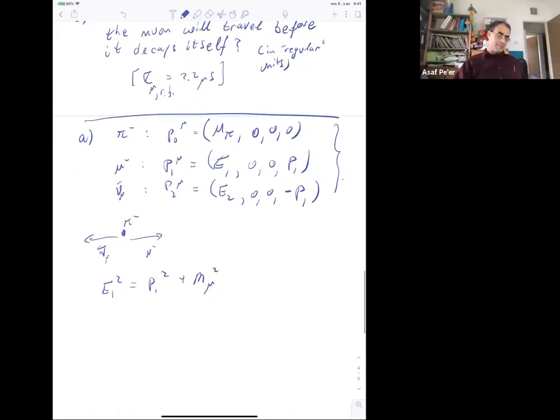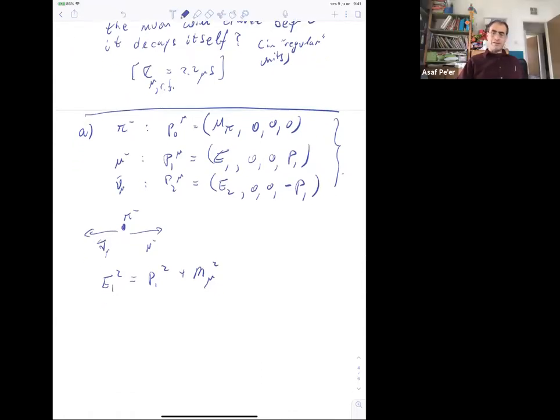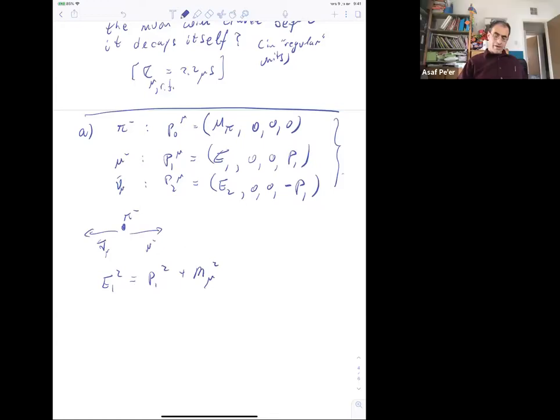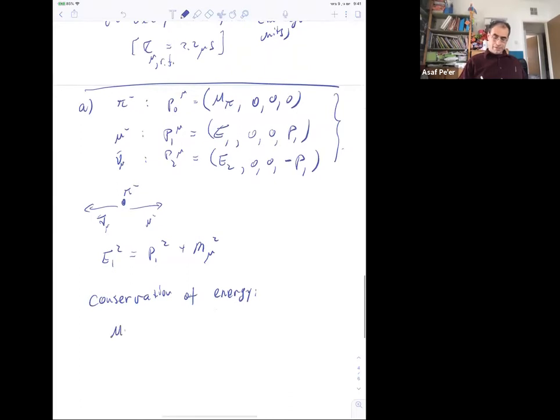So what does conservation of energy say? m pion would have to be the sum of E1 and E2. Correct, very good. So m pion is E1 plus E2, which means E1 I can write as m pion minus E2.